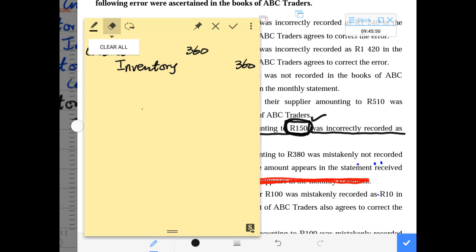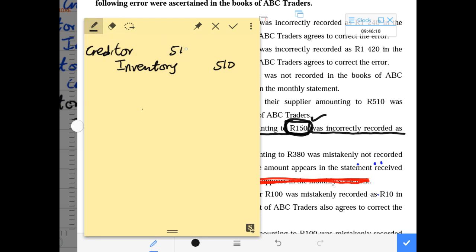So now remember once again how to record a return. They would have said credit 510 rand, inventory 510 rand. This is what they have done. But we realize that the amount of 510 is more than it was supposed to be.